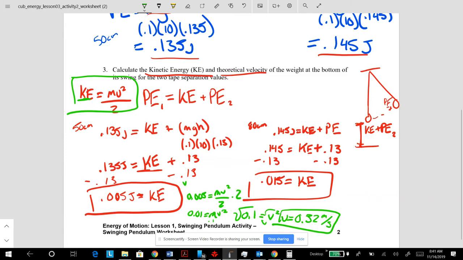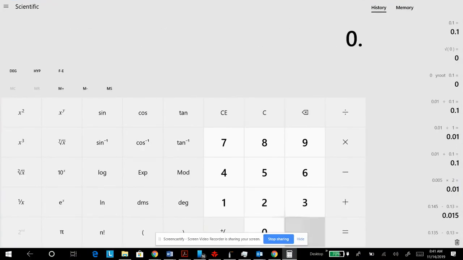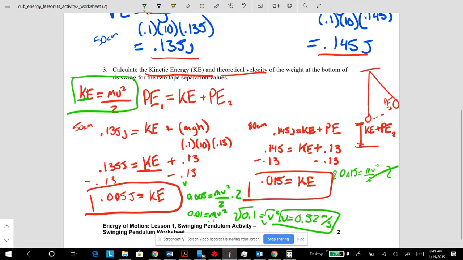So I can go 0.015 equals mv squared over 2. I'm going to times both sides by 2 to get rid of that, so it should be 0.03. So 0.03 equals 0.1 v squared. I'm going to divide both sides by 0.1.